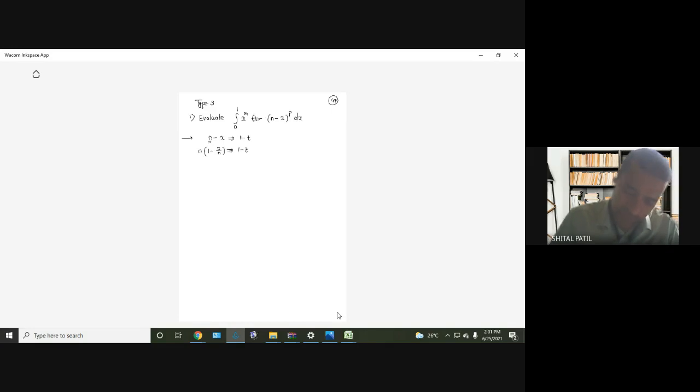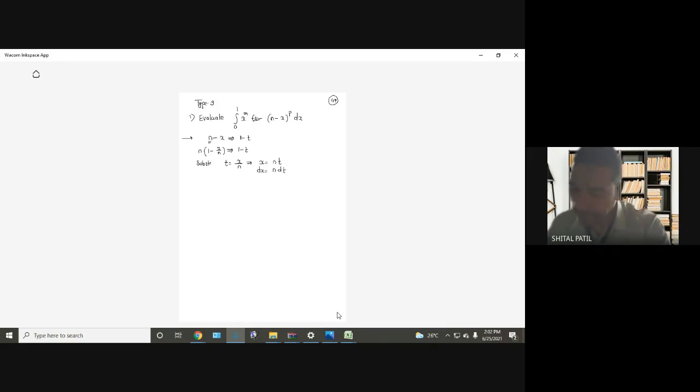So what should be the substitution? Yes, substitute t equal to x by n. Hope you might have understood how to decide the substitutions. Clear?